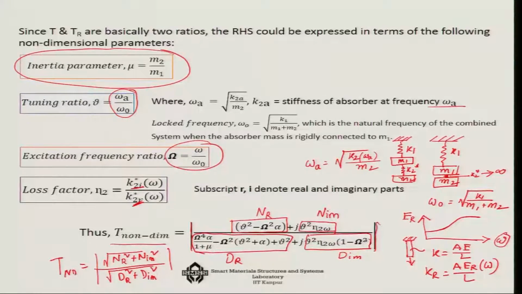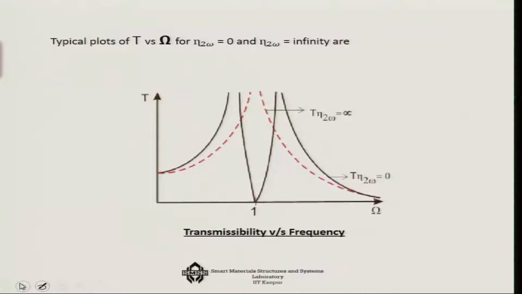So, we can easily find this whole non-dimensional transmissibility. Now, for two extreme cases, eta 2 omega equals 0 and eta 2 omega equals infinity, let us try to plot them.